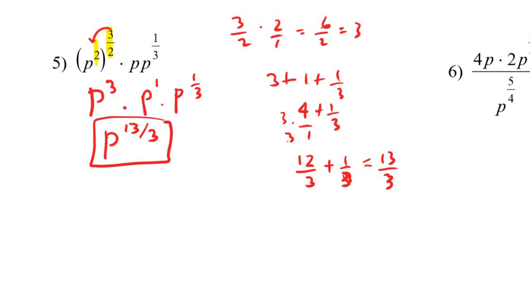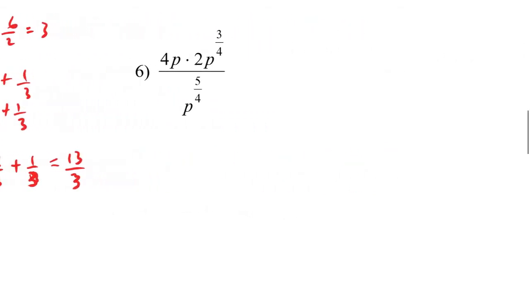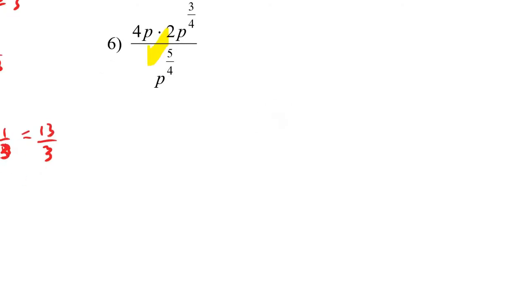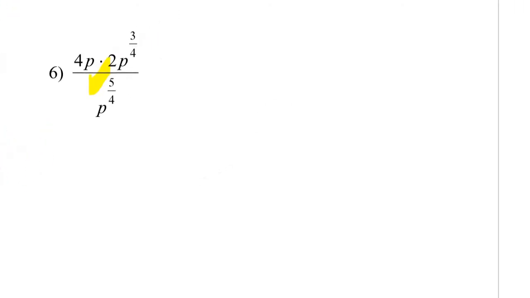Okay. Next one is the stacked fraction. So what we need to do is to deal with these numbers first. Excuse me, that is not stable. All right, we're going to deal with these numbers first. See, 2 and 4 becomes 8. So we're going to multiply those two and get 8. So that'll be 8. And then we're going to deal with the product at the numerator.